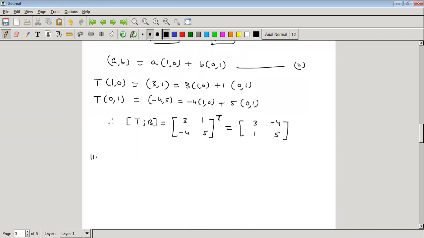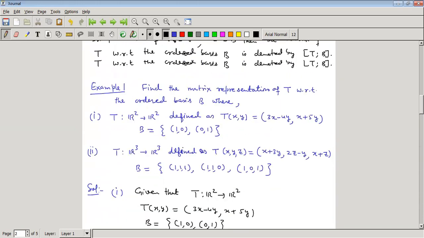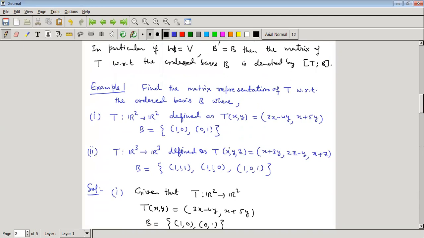Now, the second one. It is given that T is a mapping from R3 to R3. It is defined as T(x, y, z) equal to (x plus 3y, 2z minus y, x plus z). But here the bases are not the usual bases, right? So the bases are (1, 1, 1), (1, 1, 0), (1, 0, 1).